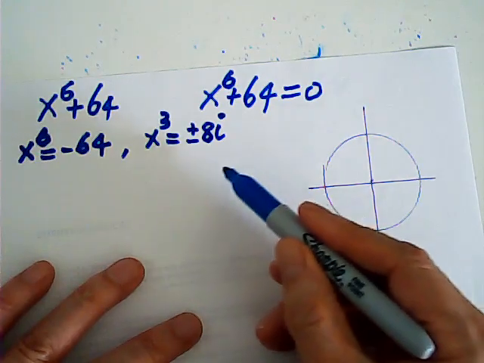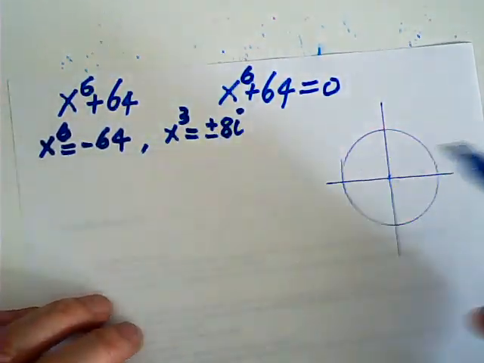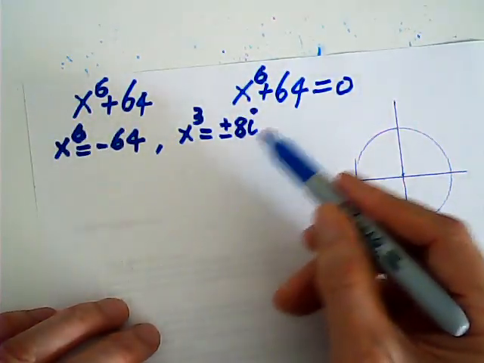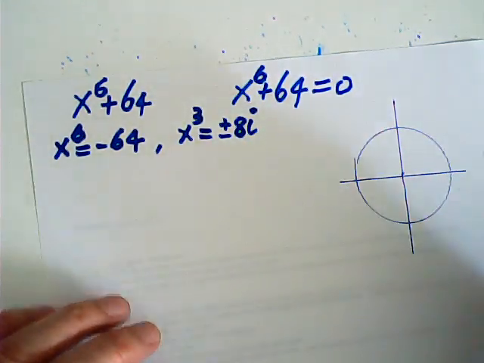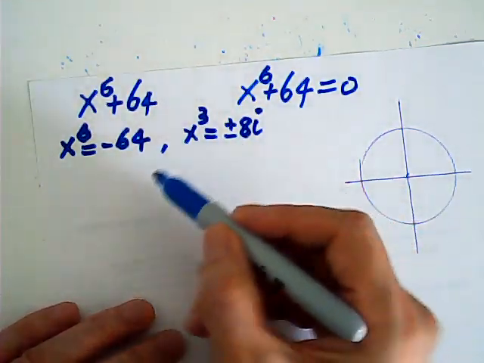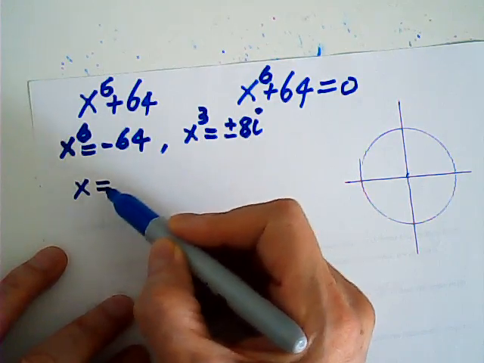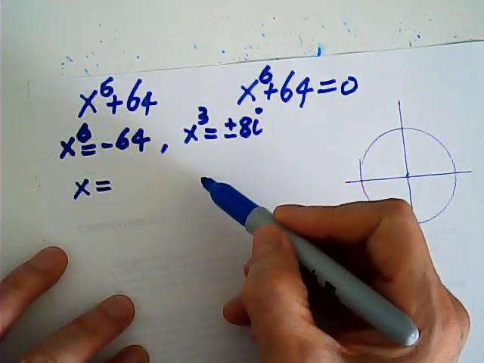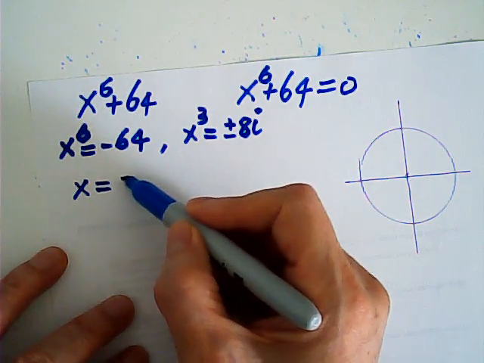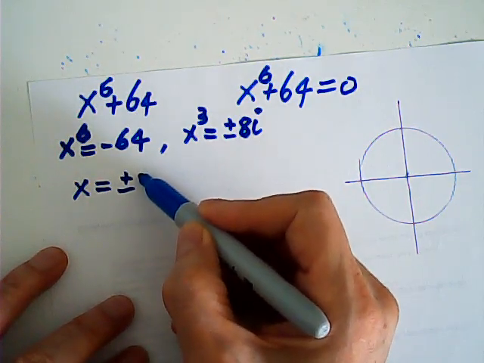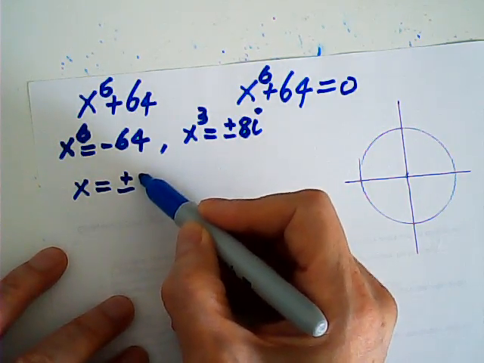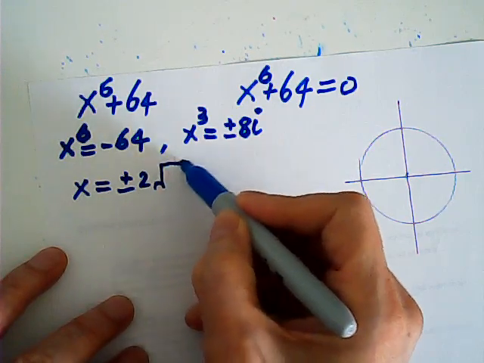Now I'm using one of them, because when I find one, I find the other 5. And x would be the cube root of i times 2.